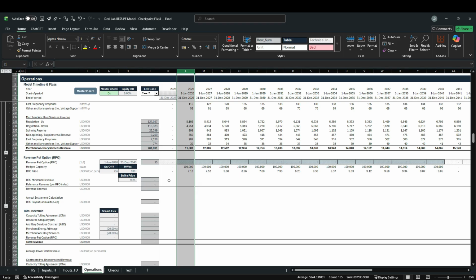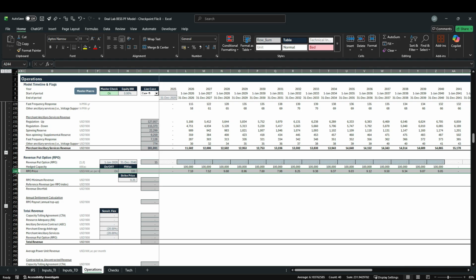So this is essentially an insurance product which provides a lot of comfort to lenders, knowing that these price differentials would actually make up for any cash shortfalls. Now it's important to mention that this RPO settlement index might only be a proxy of actual merchant revenues, meaning that if we forecast a merchant revenue of 7.1 kilowatt per month, that does not necessarily mean that actual revenue will actually match this index.